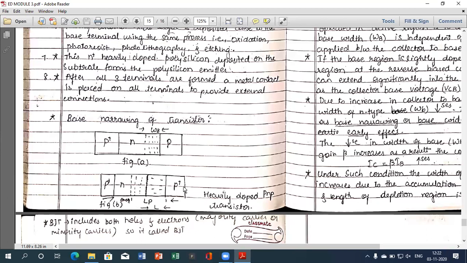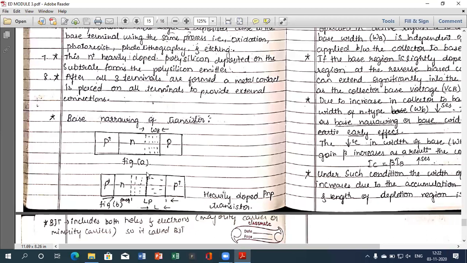Only two conditions are taken. One, it is operating in active region. Second, when the collector to base is reverse biased and it is increased beyond the limit, the width of the base starts reducing and gets narrow because the width of the depletion region across this junction will increase.